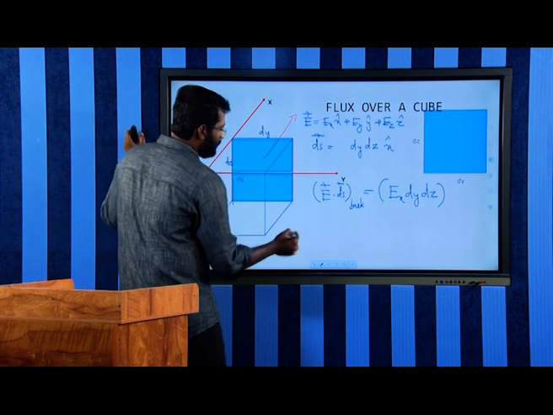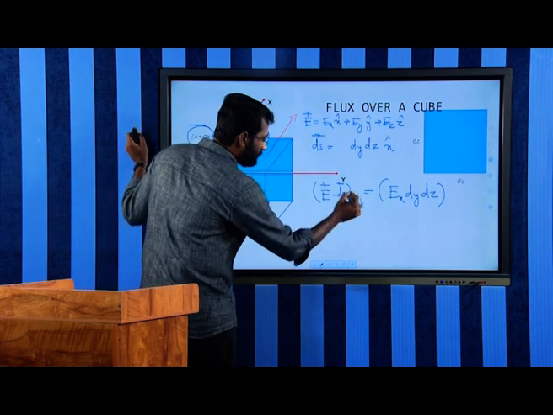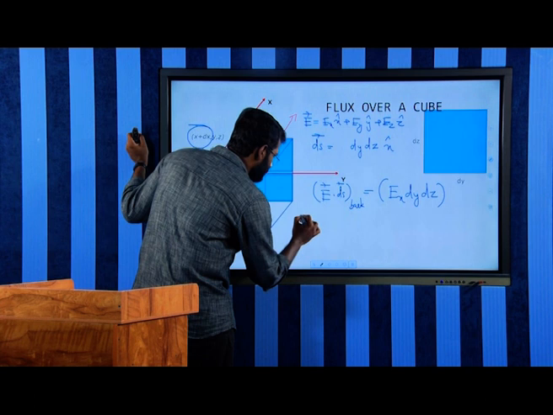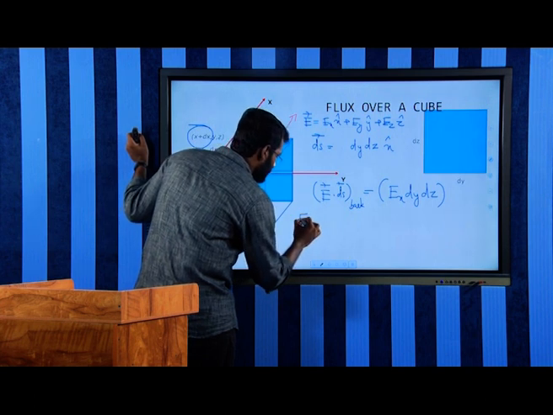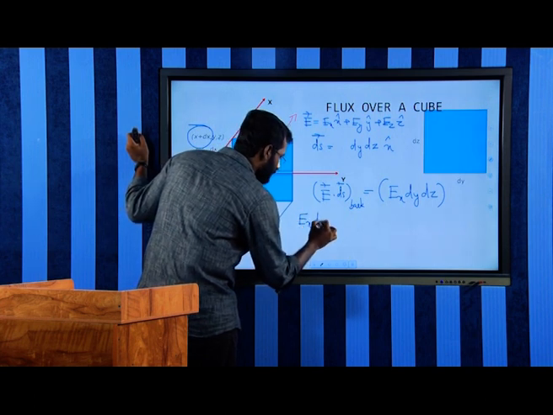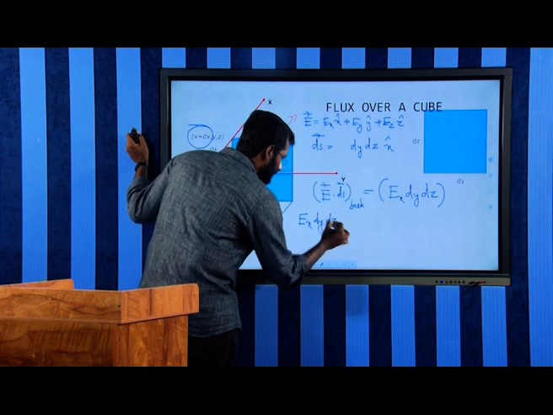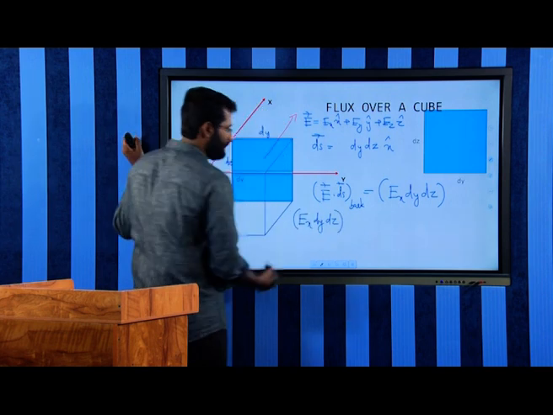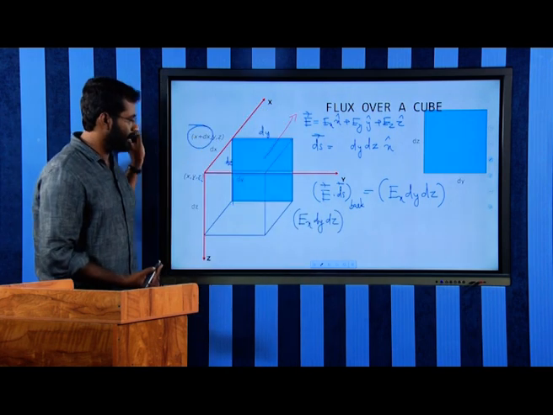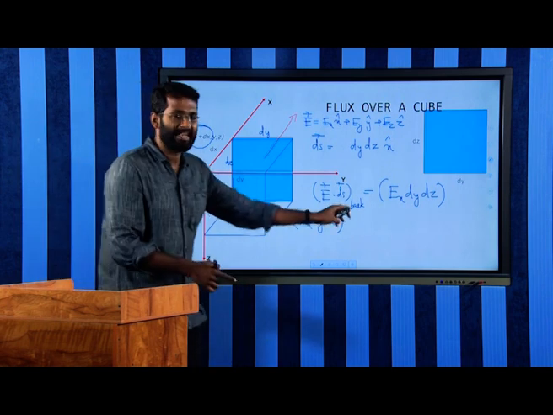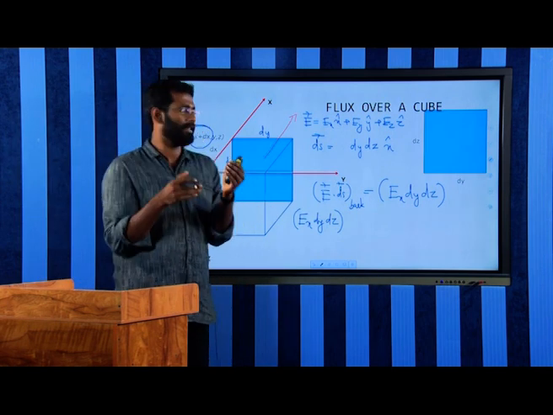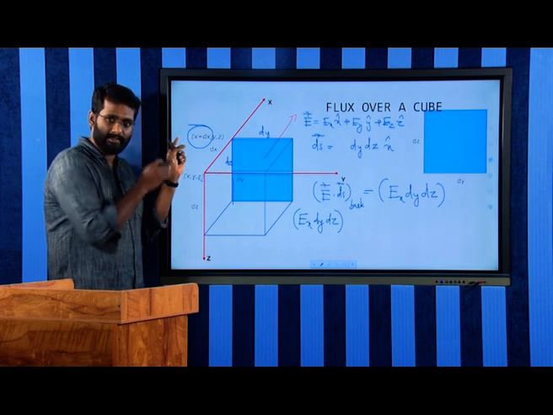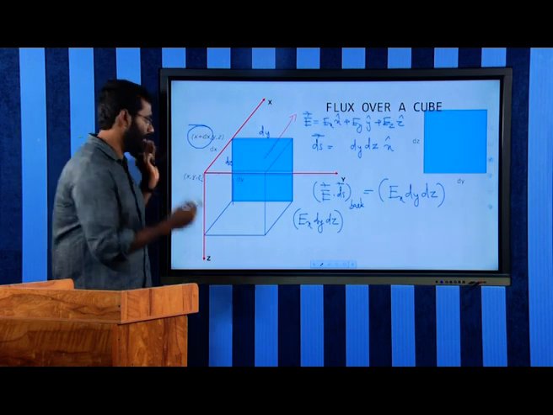For the back surface, let me write it as E dot ds, that is E x dy dz, which is evaluated at which point? x plus dx. So, instead of denoting it as back and front, I am denoting it using the variation in that coordinate, that is x plus dx.